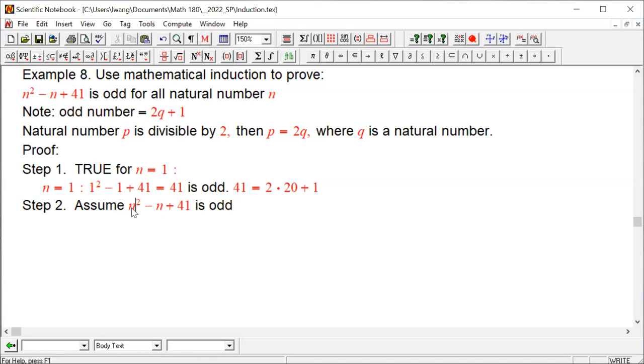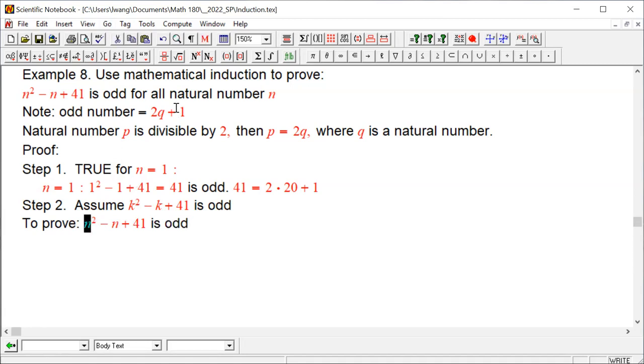For k, this is a k, a natural number. So what are we to prove? We are to prove that it is true for k plus 1.